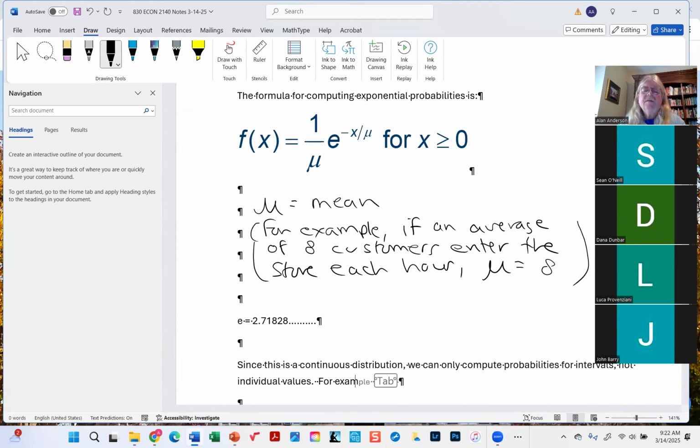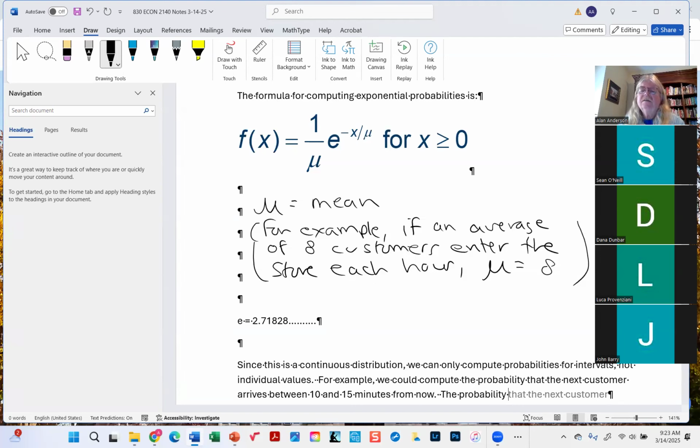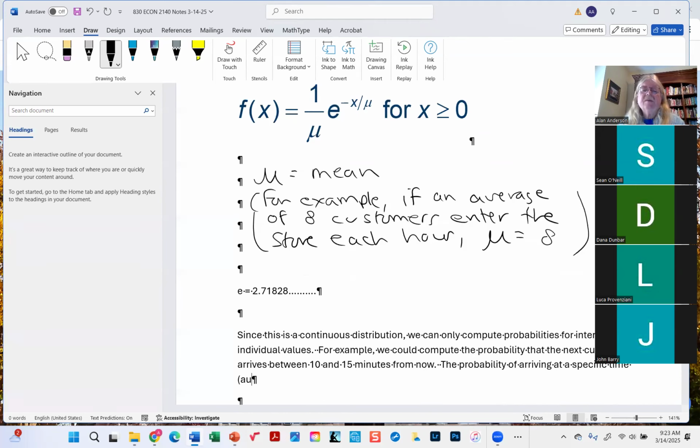So, for example, we could compute the probability that the next customer arrives between 10 and 15 minutes from now. But the probability of arriving at a specific time, such as 15 minutes from now, is defined to equal zero. So we only are interested in intervals.